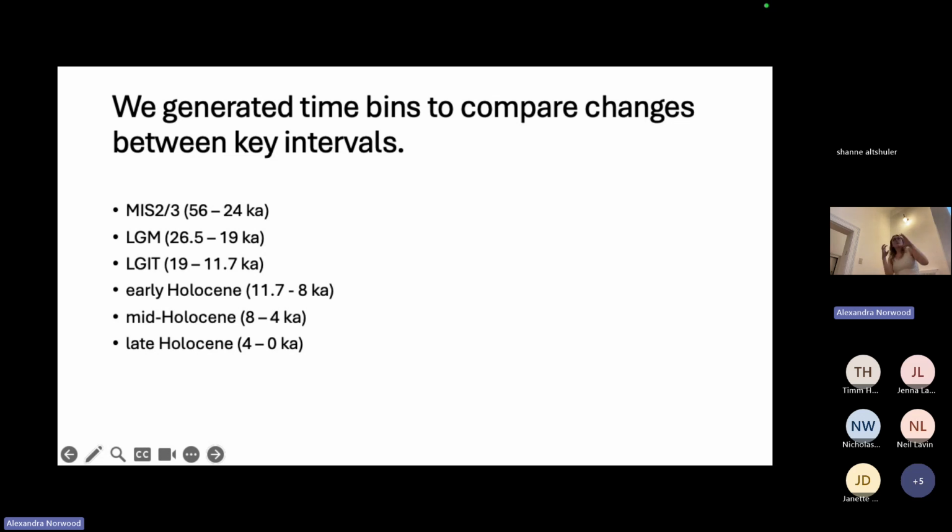After the last glacial maximum, we have what we call the LGIT, which is just this transitional period of warming from the last glacial maximum into the Holocene. And then the Holocene is much warmer in general than the preceding periods. So we're going to use these bins to compare our fauna and our pollen.